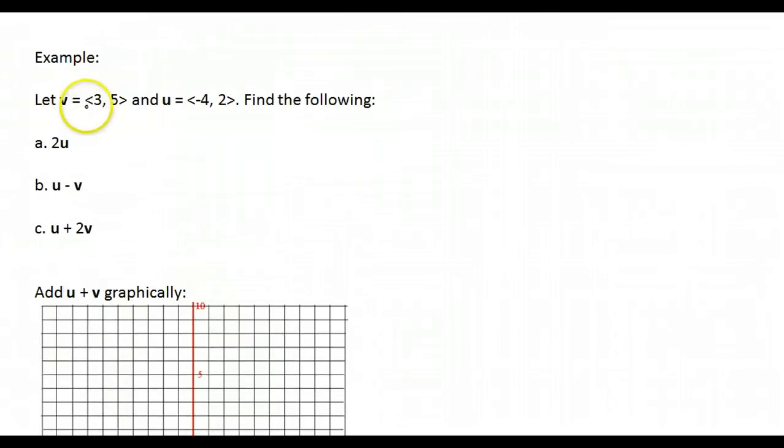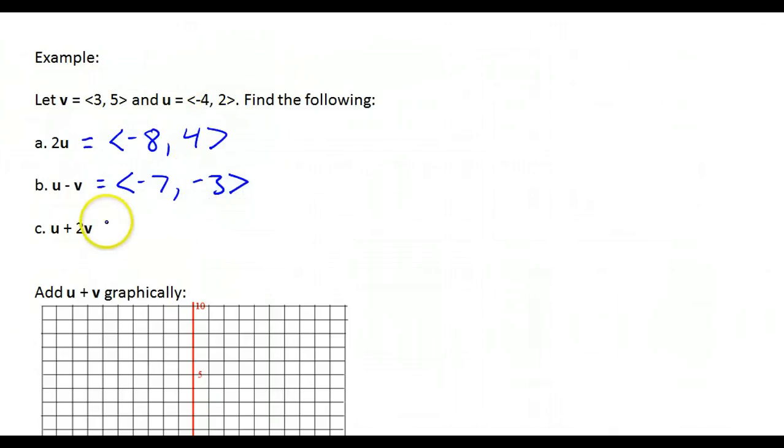Let vector v be 3, 5 and vector u be negative 4, 2. So 2u is going to be negative 4 times 2, which is negative 8, and 2 times 2, which is 4. Okay, u minus v, that's going to be negative 4 minus 3, and 2 minus 5.